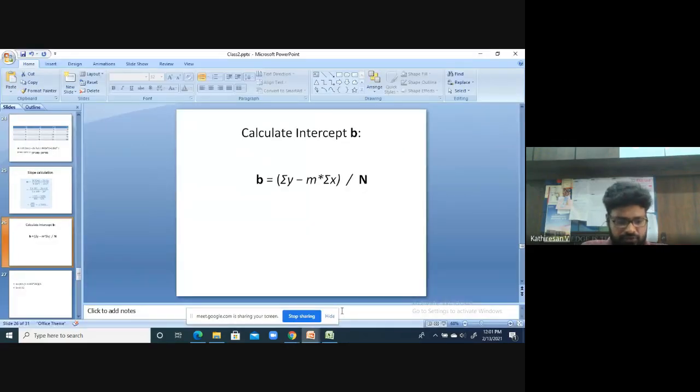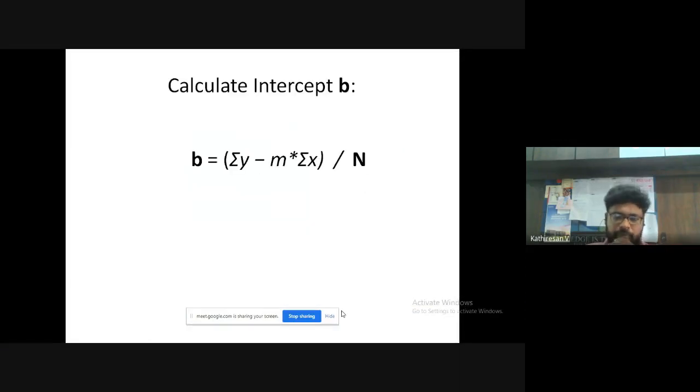Now substitute and tell me what intercept we are getting.